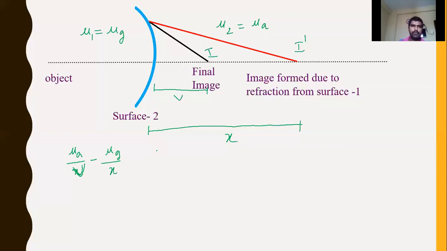This is equal to mu a minus mu g divided by r2. For the second surface the radius of curvature is on the left side, therefore according to the sign convention you should take it as negative, minus r2. This is equation number 4.